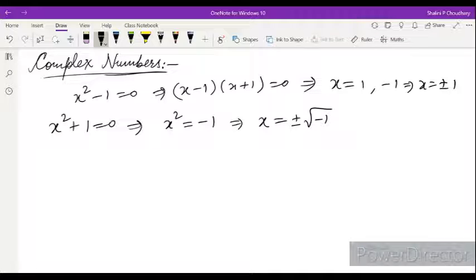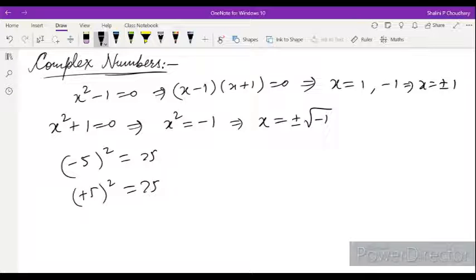As we know that the square of any positive or negative number is always a positive number. Matlab, when we are squaring any negative number, then also we'll get, like minus 5 ka square will also be 25 and plus 5 ka square will also be 25.